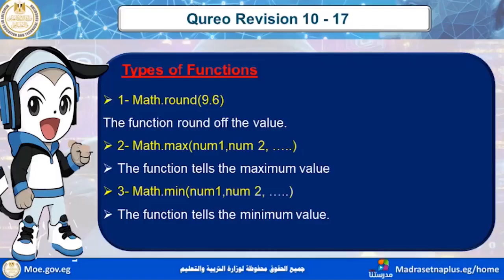So we find the maximum of 2 or more values in parentheses using Math.max. Using Math.min, we also use the variables num1 and num2, and the function here is to tell the computer to get the minimum value.